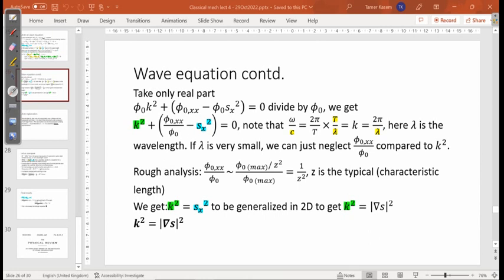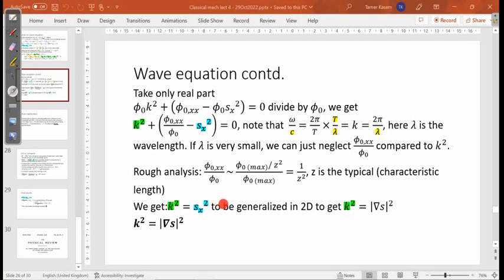The typical or characteristic length for this problem is about 2 or 3 meters. However, the wavelength of the light is much smaller than this. So for this case, we can just use this equation, called the eikonal equation, k squared equal sx squared.